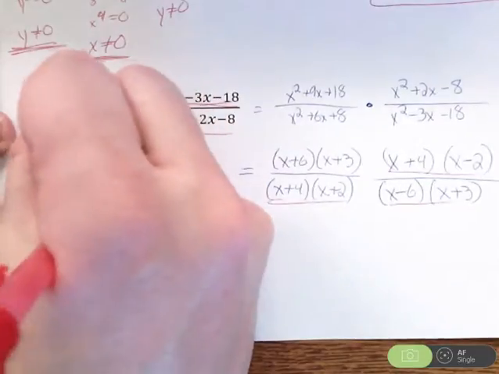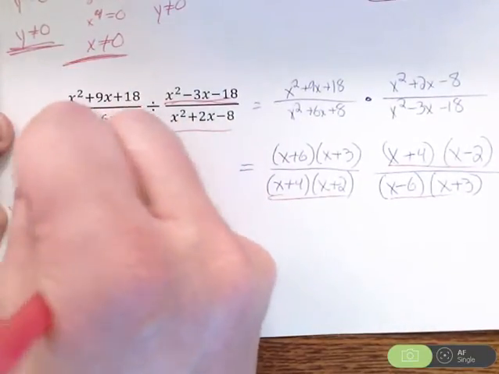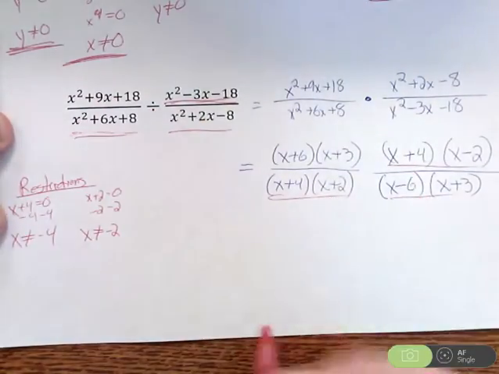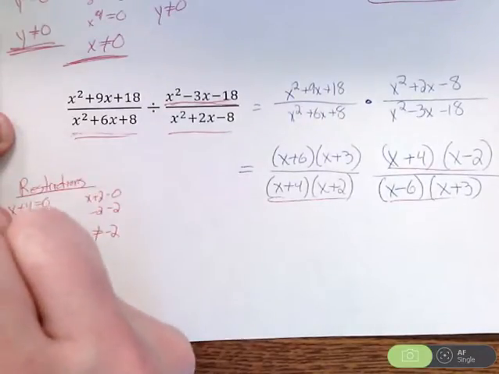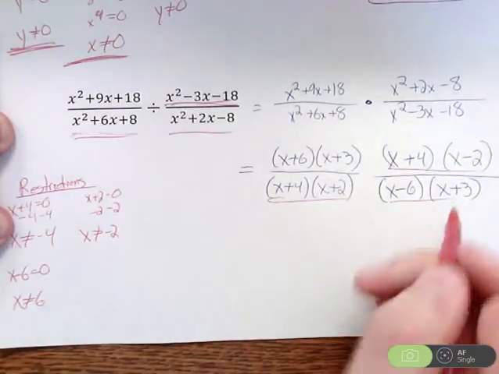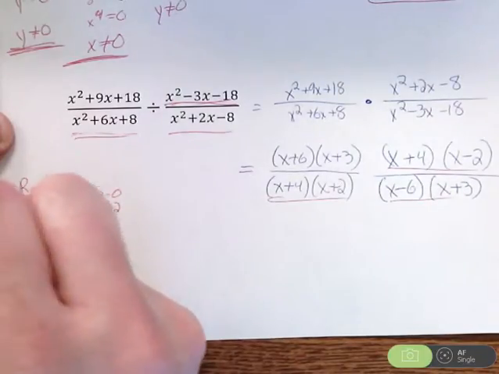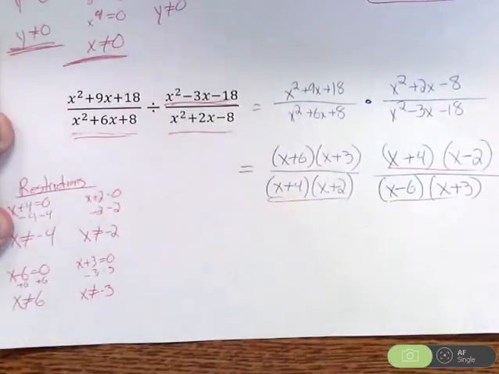Take that x plus 2 equal to 0 and solve. X cannot be negative 2. I'll go to the bottom here. X minus 6 is equal to 0, x cannot be 6. X plus 3 is equal to 0, x cannot be negative 3.